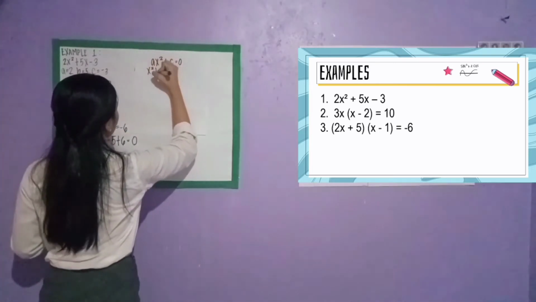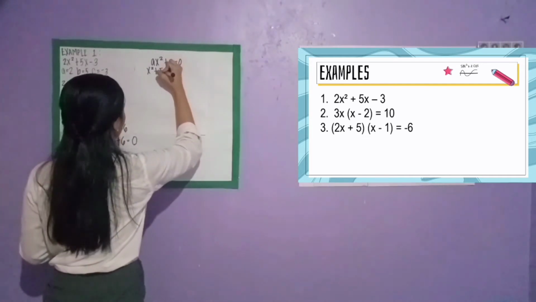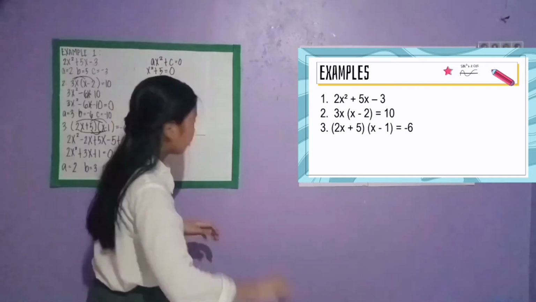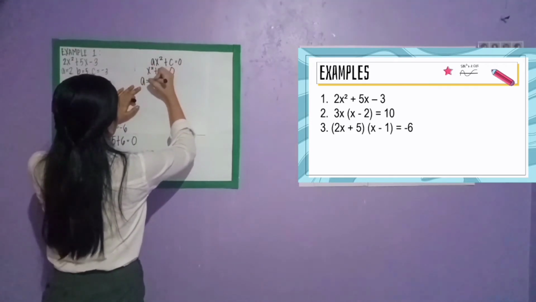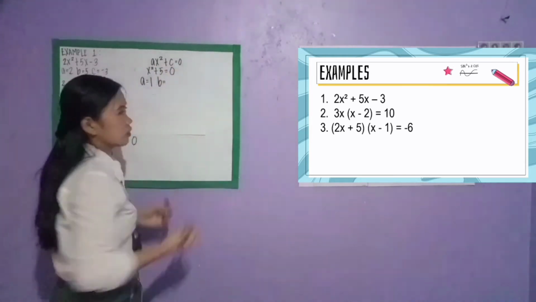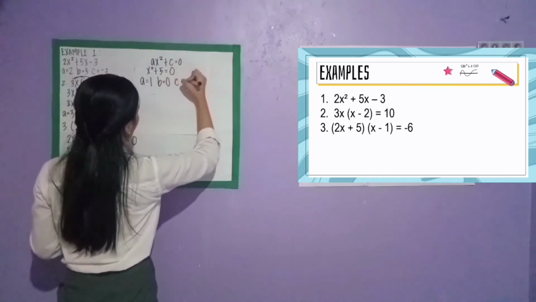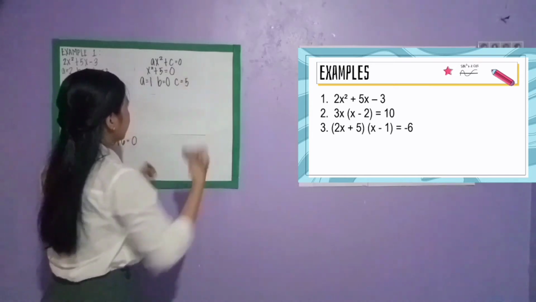For example, x squared plus 5 is equal to 0. So our A here is positive 1 and our B is 0. And our C is positive 5.